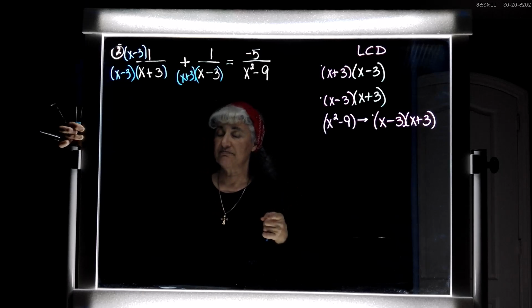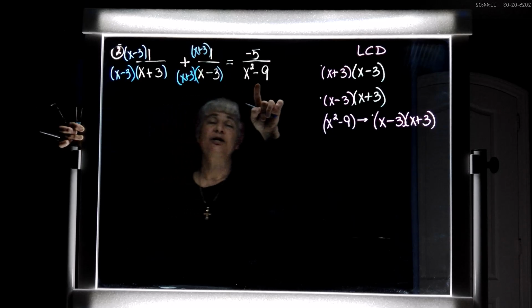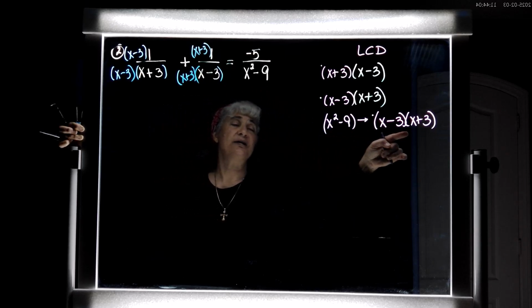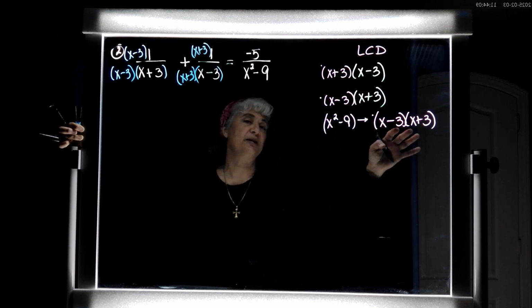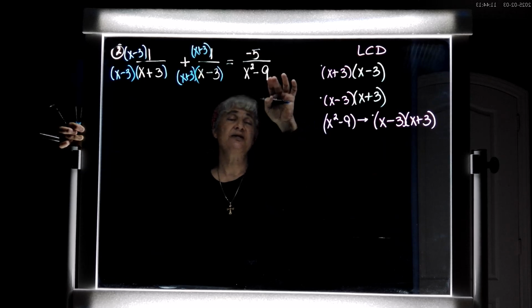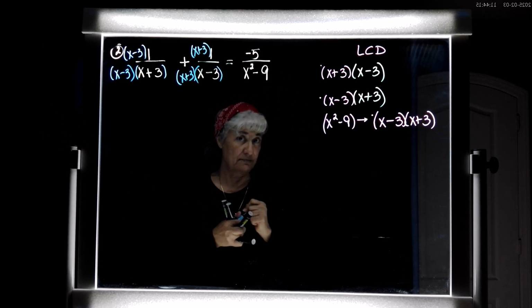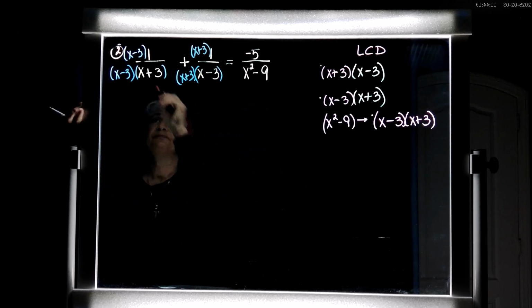Just the denominator? Good. Numerator also. And remember, this is fraction number 3, its denominator factored. We didn't multiply by anything, did we? So this one stays the same. Good? Okay. Let's see what this looks like.